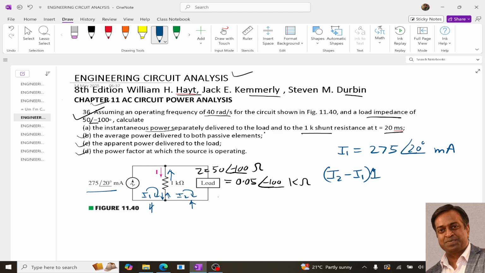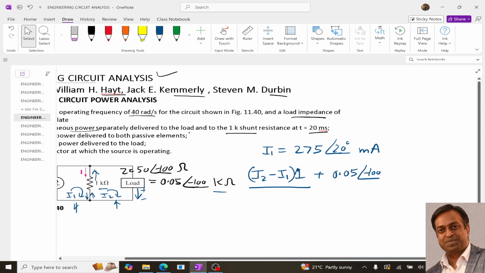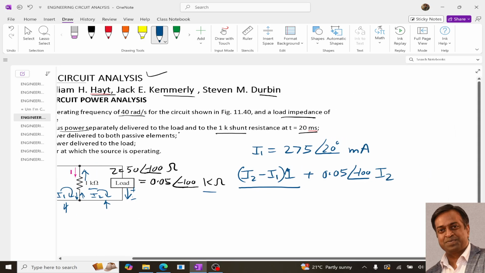I simply write 1 kilo because I am calculating I1 and I2 in milliamperes, so I use kilo ohm in both cases. So the voltage across 1 kilo ohm is (I2 minus I1) into 1, plus the load, 0.05 angle minus 100, into the current I2, equal to 0.